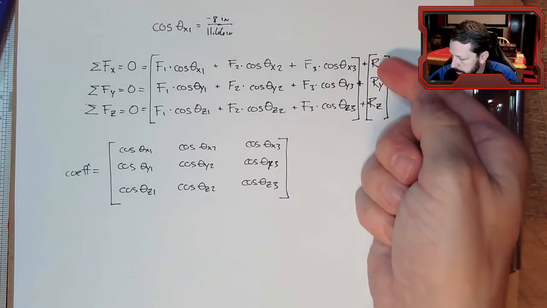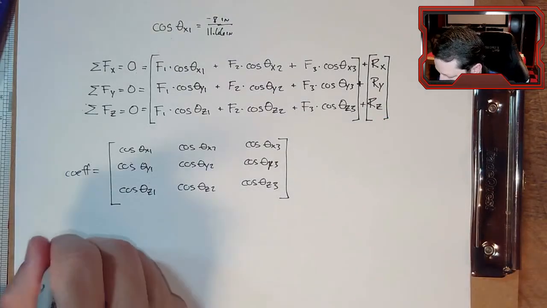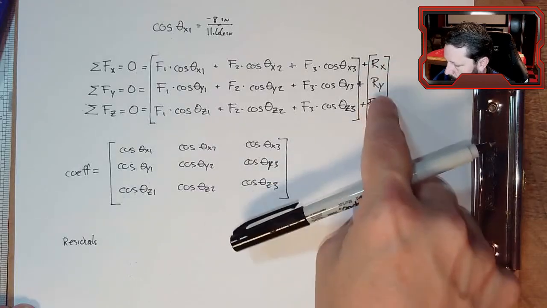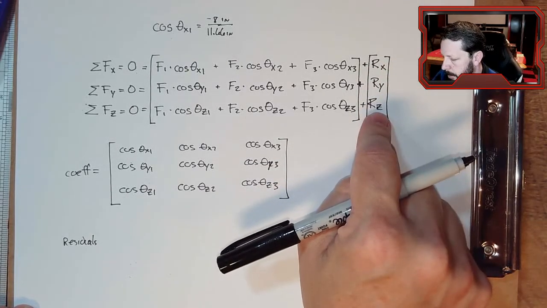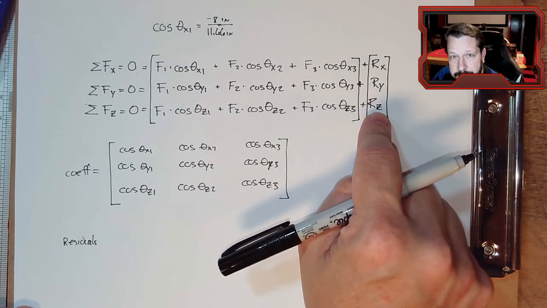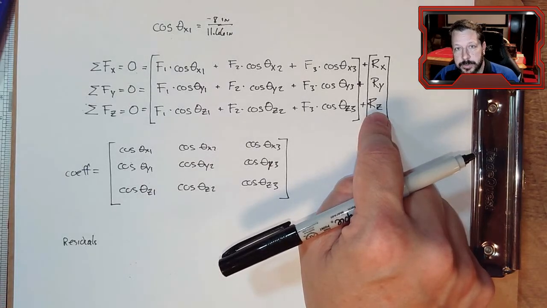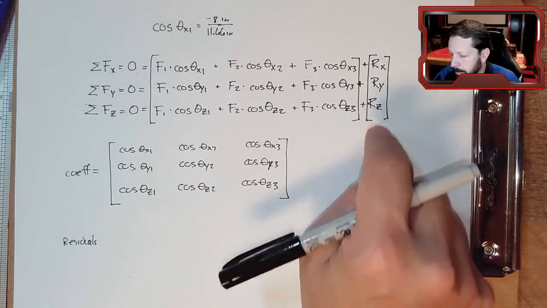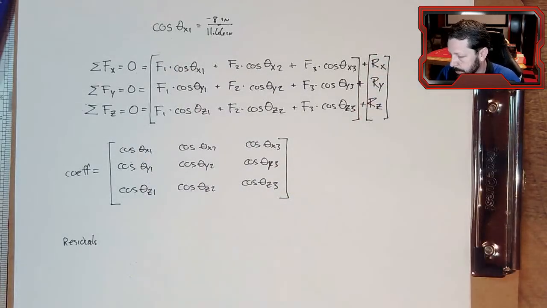And then I've got to create this matrix, which is going to be my residuals. That's why I gave it an R. These are numbers in the equations that are not associated with a variable. So it's constant numbers. Sometimes you might have to lump several things together to get this number.